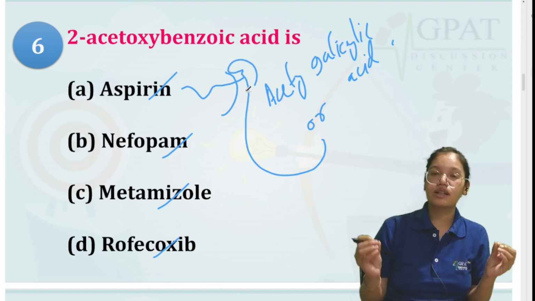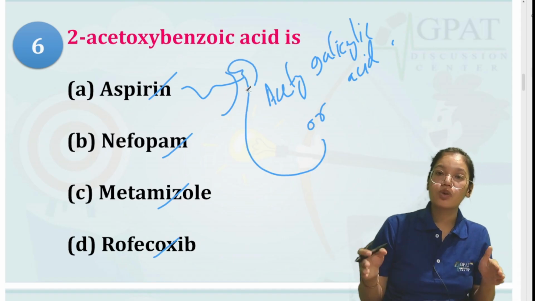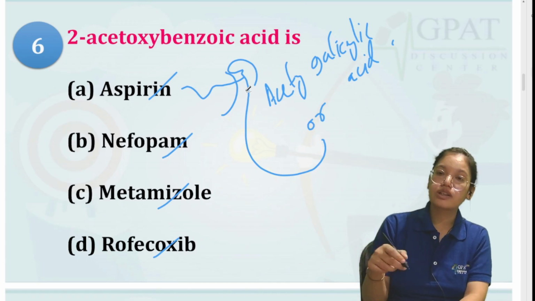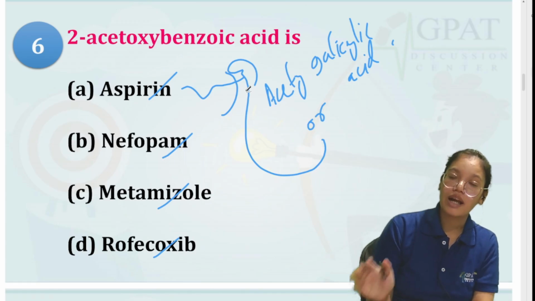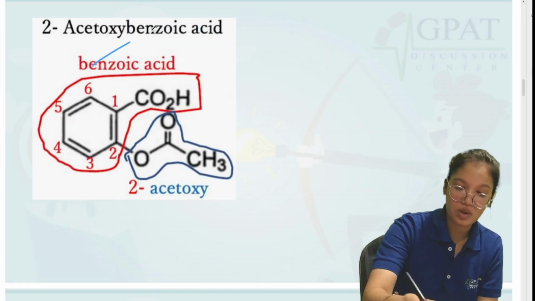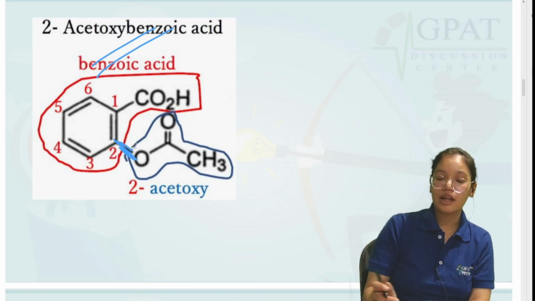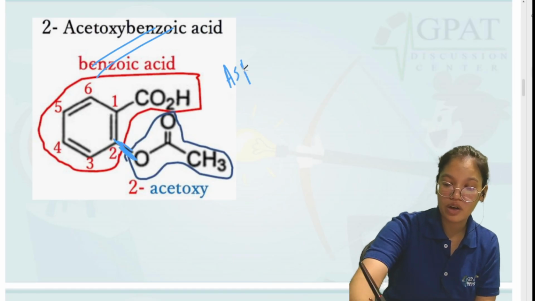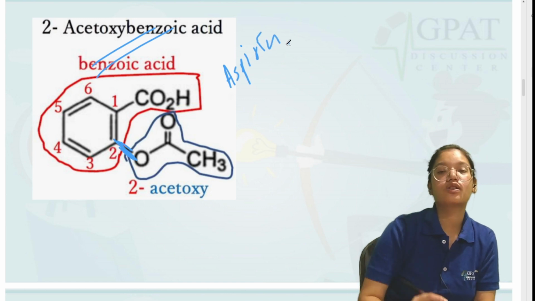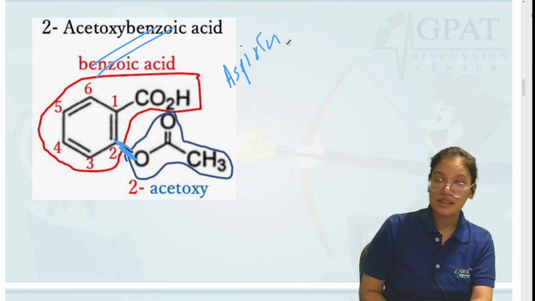Those are the same things. We have a benzoic acid and then an acetoxy group is attached there. So that is the structure of aspirin. So here, benzoic acid with an acetoxy group at the second position. That is 2-acetoxy-benzoic acid, or aspirin, or we can also say acetyl salicylic acid.